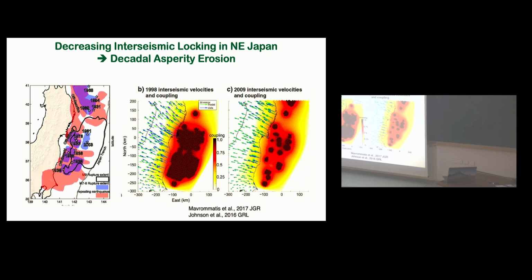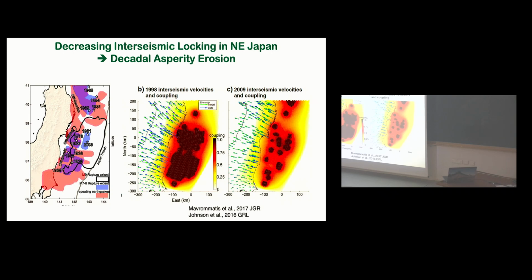The only way you would be able to see shrinking of asperities is if you have measurements that allow you to actually image the edges of these locked sections. So that's a very important consideration. And in the next part of the talk, I never see a shrinking asperity. I only see changing slow slip rates on the parts of the fault that presumably surround the locked parts. Yeah?